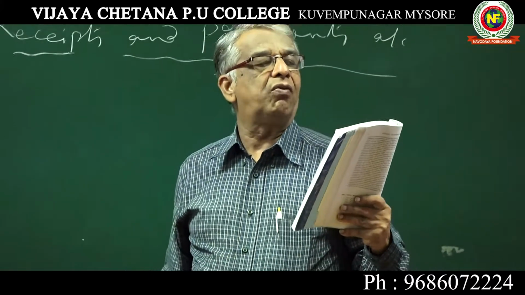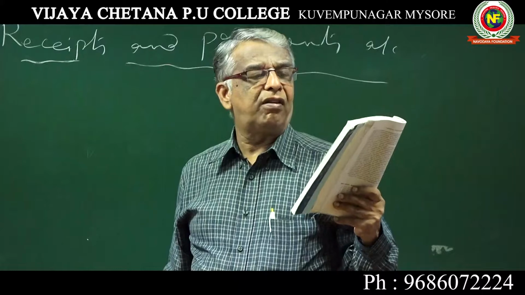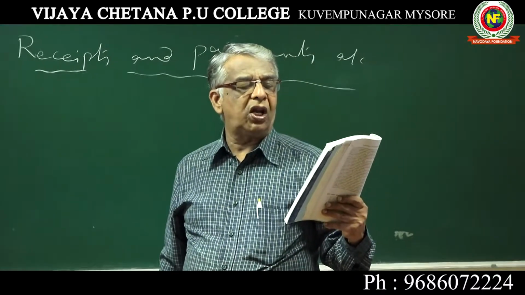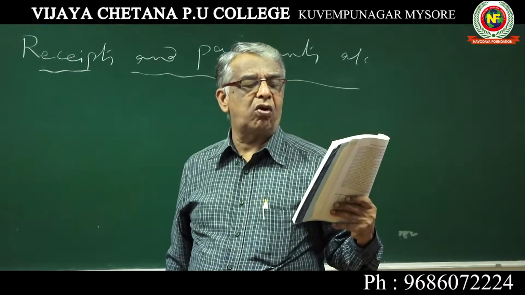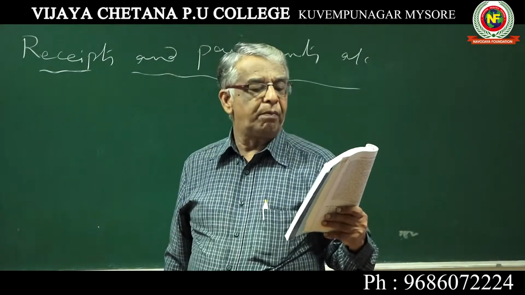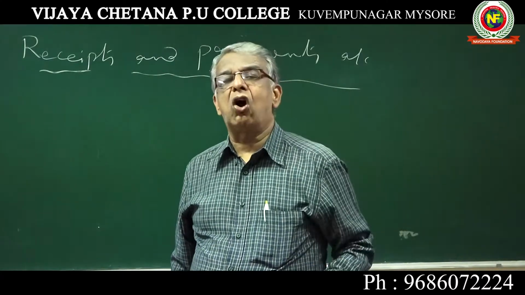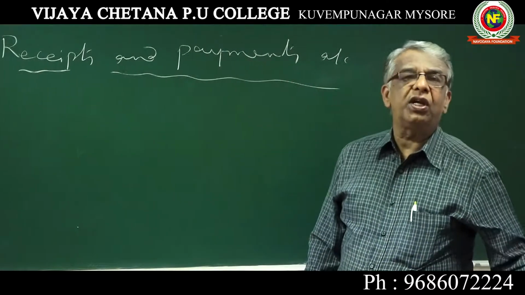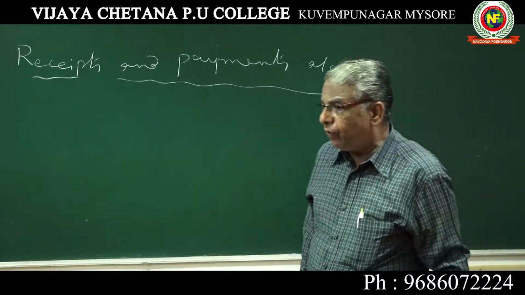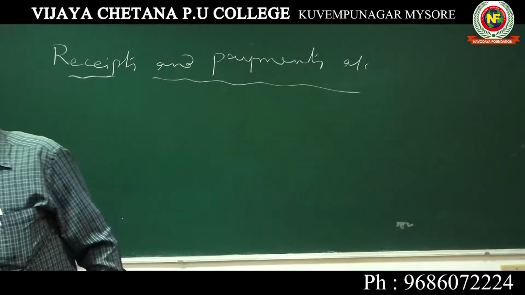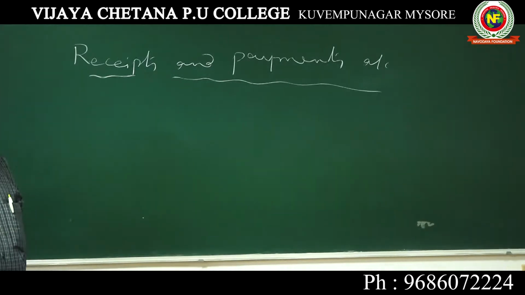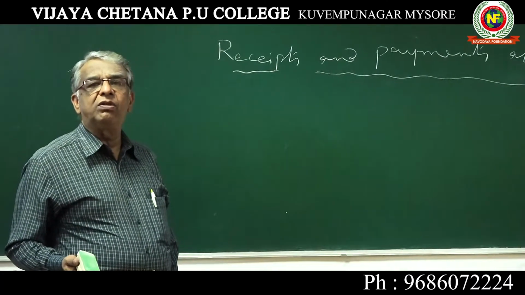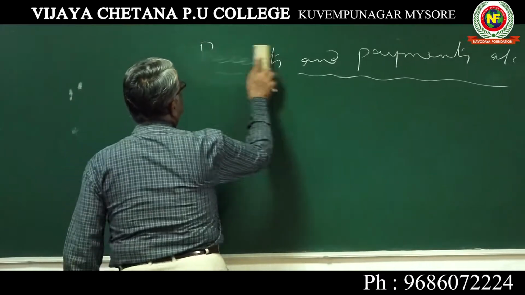From the following particulars taken from the cash book of a health club, prepare receipts and payments account. With the help of the information given, we are supposed to prepare the receipts and payments account. Now I am going to show you how to prepare it.